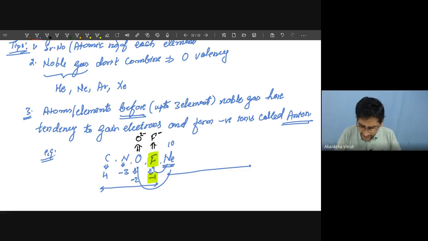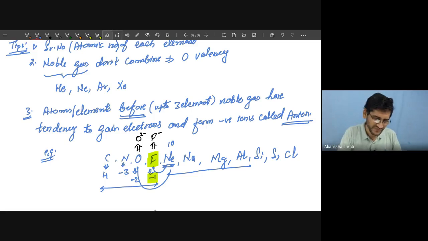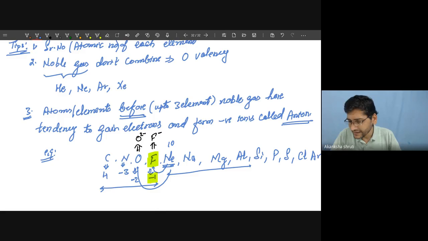So after neon we see sodium, then magnesium, Mg, then aluminium, then silicon, then phosphorus, sulfur, chlorine, then there is argon. Students, argon is again a noble gas.